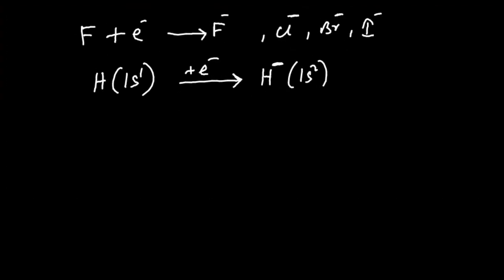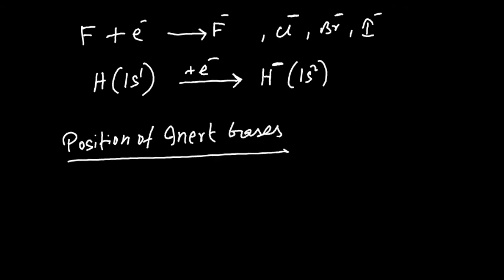So the last one is position of inert gases in the periodic table. Inert gases have a very stable electronic configuration of their valence shell, ns2np6.